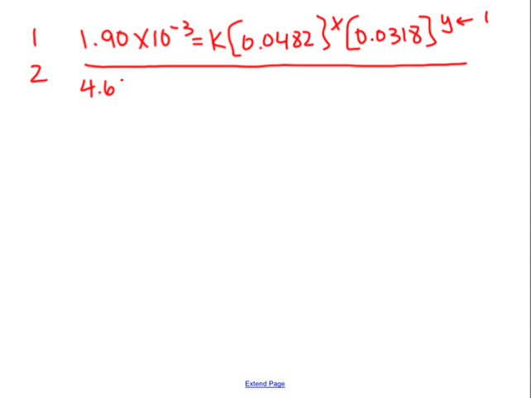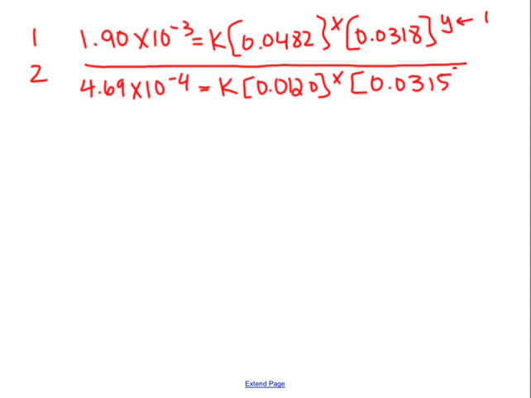And then I get 4.69 times 10 to the negative fourth. This is experiment 2. K times 0.0120 to the x times 0.0315 to the y, or to 1, same thing. Notice these guys are going to cancel again, and then this is going to cancel.